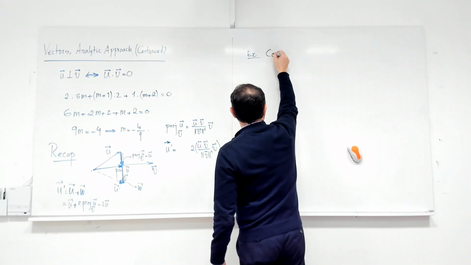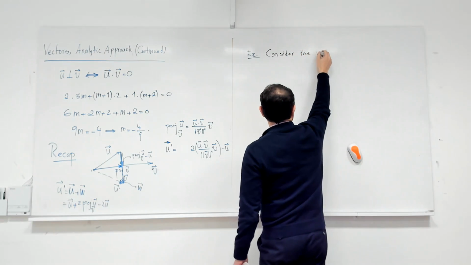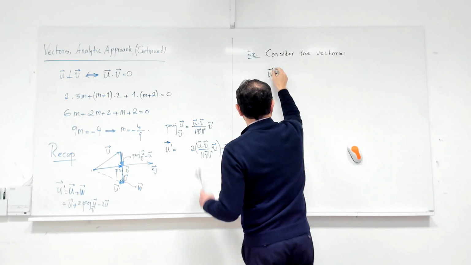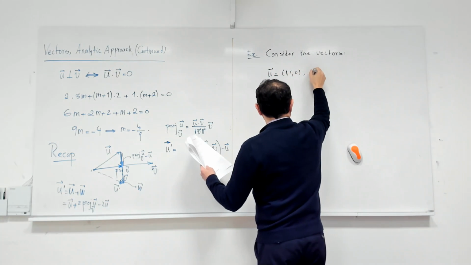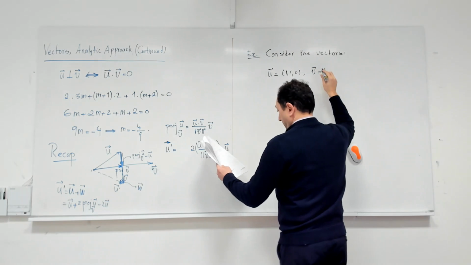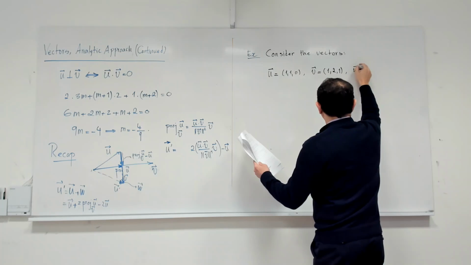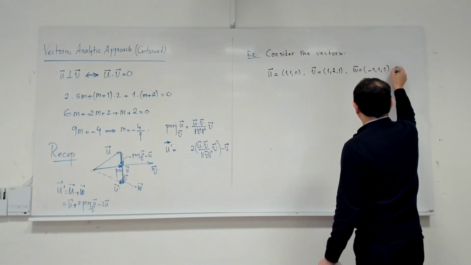Consider the vectors u equals 1, 1, 0, v equals 1, 2, 1, and w equals minus 1, 1, and 1.